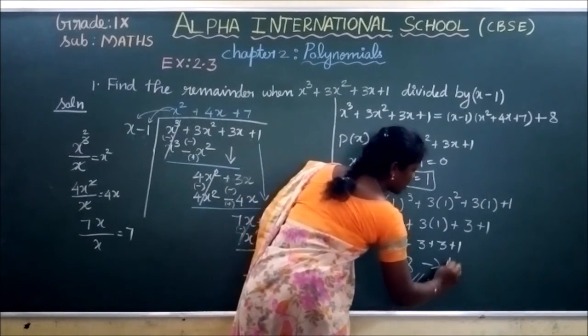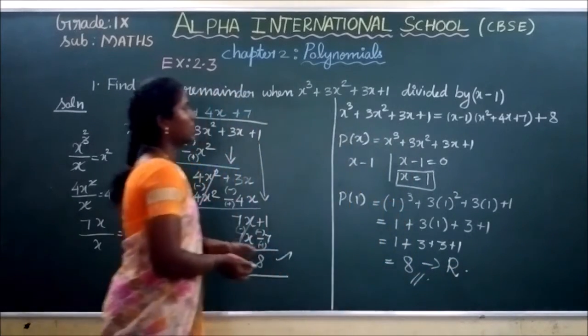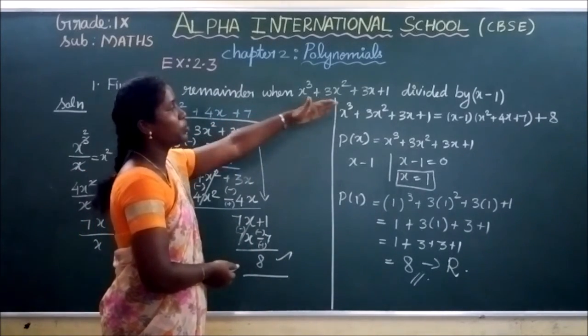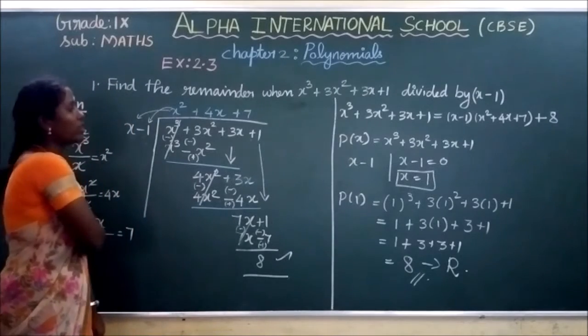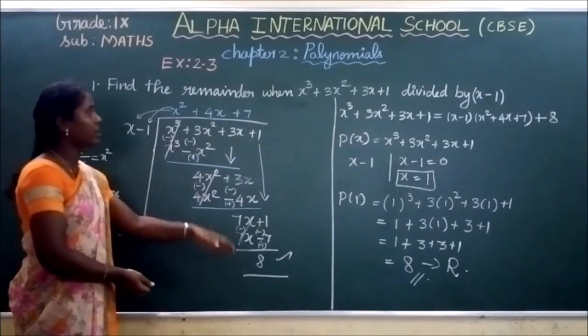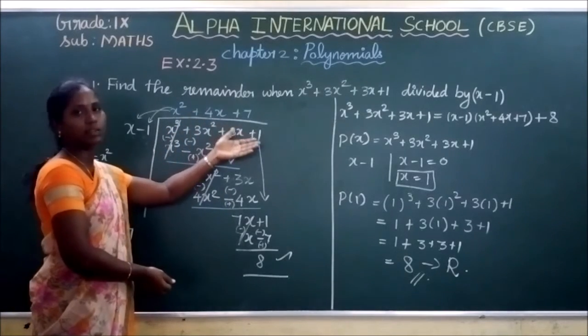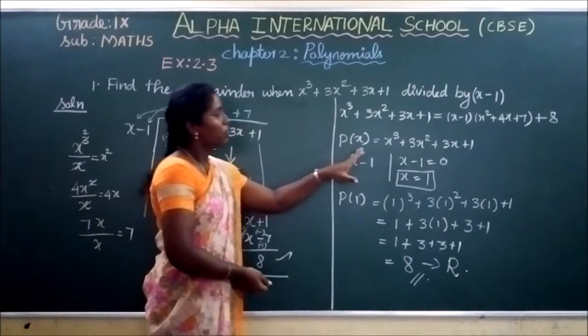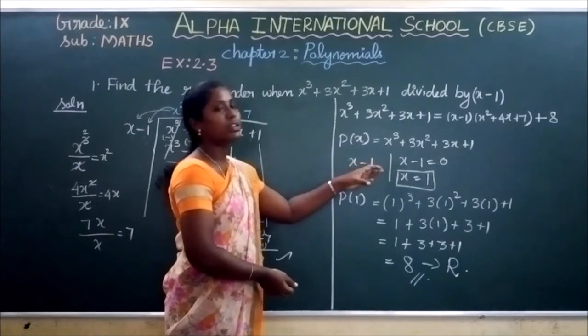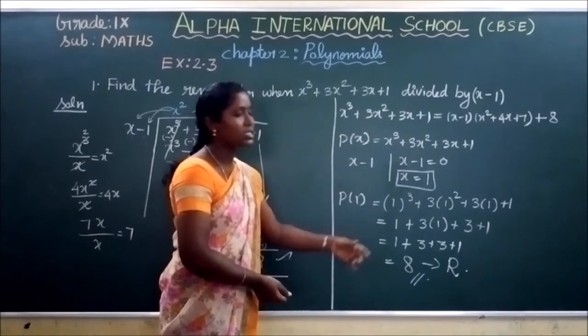What is the remainder? So listen. For the question they have given a cubic polynomial to be divided by a linear polynomial x minus 1. We used the long division method, and we got the remainder as 8 and the quotient as x square plus 4x plus 7. And here, without using long division also, we can find the remainder. We did it in that method also and we got the same remainder.